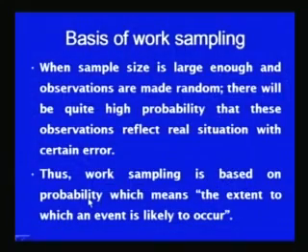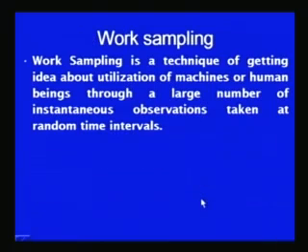So, work sampling is largely based on probability, which indicates the extent to which an activity is likely to occur. Work sampling is a technique of getting an idea about the utilization of machines or human beings through a large number of instantaneous observations taken at random intervals.